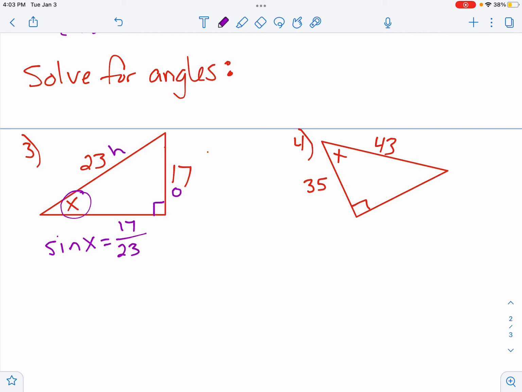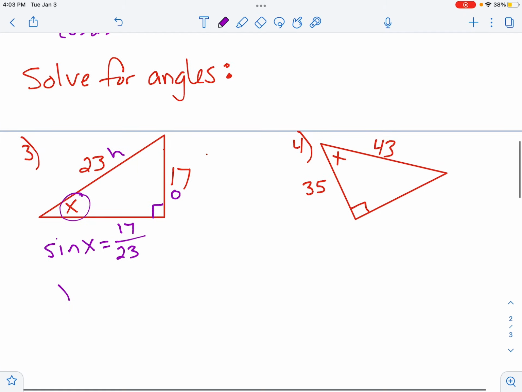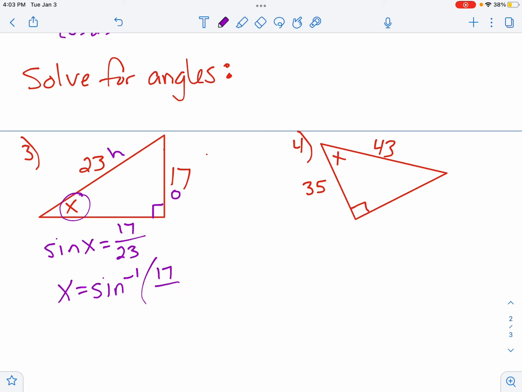Now, since that x is an angle, it's inside the function of sine. To get rid of it, I'm going to have to do the inverse. I'm going to have to do this -1. If you look at your calculator, you'll see that button on top of your sine, cos, tan buttons.